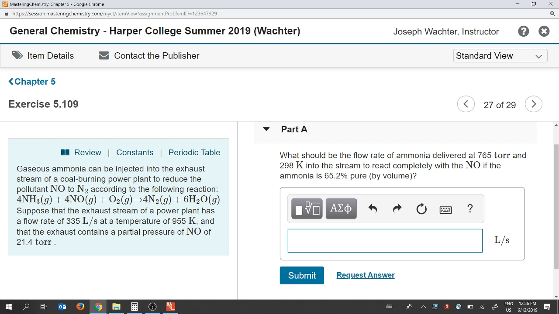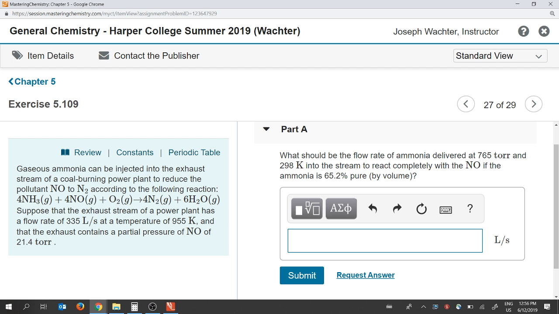So you can just assume it's 1 second. How much of this is there, and therefore how much of this do you need in that 1 second? And then that's going to scale to any other time. So when you find the volume of NH3, then you can just put that as your answer. Just because it's a flow rate doesn't change anything.